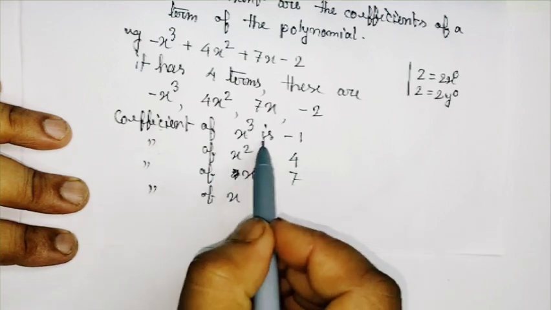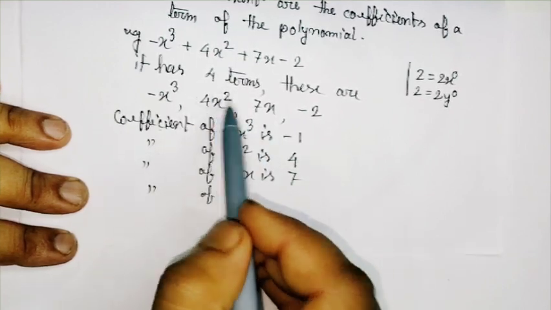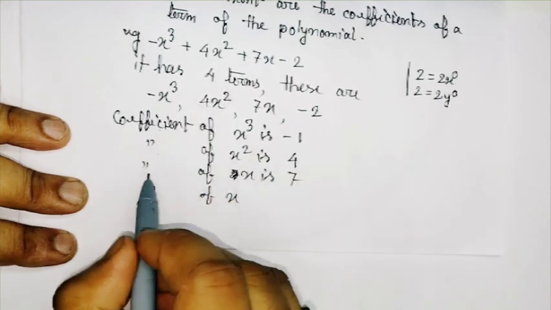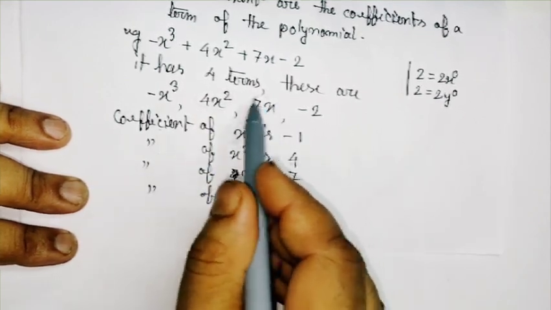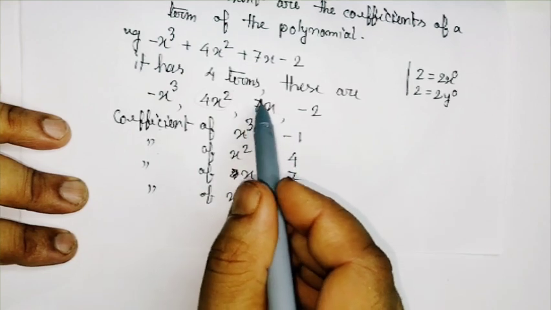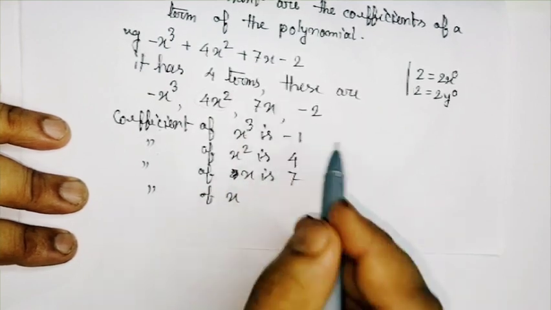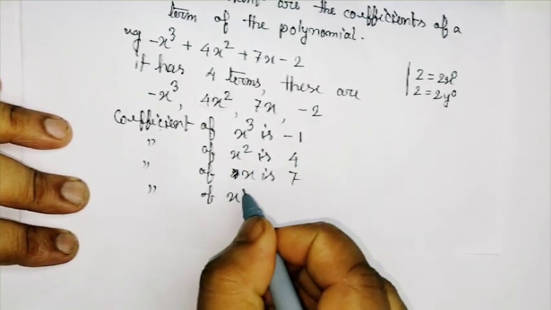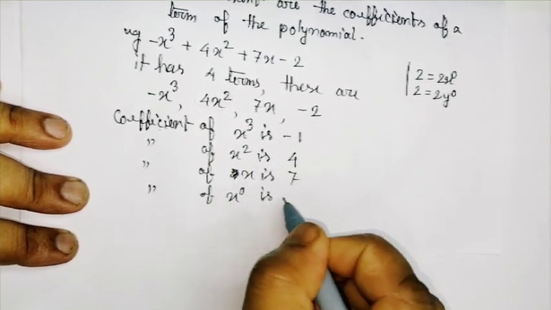In the 4x square term, the remaining part, that means the raised part, is 4, so the coefficient is 4. In the 7x term, the coefficient of x is 7, that means the constant is 7. And the coefficient of x to the power 0, that means the constant term, is minus 2.